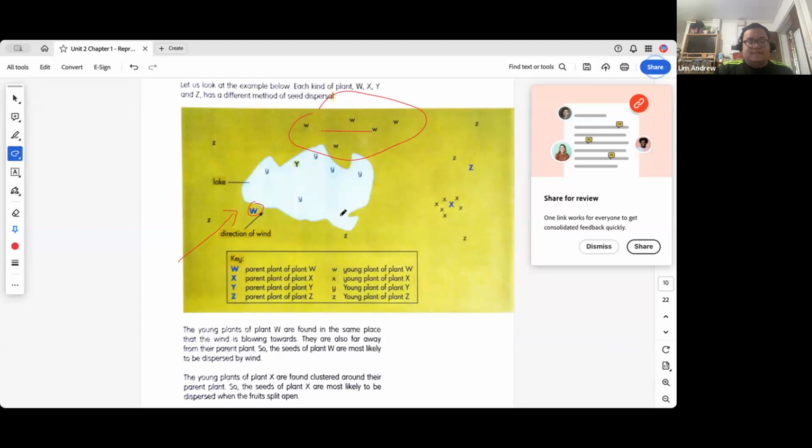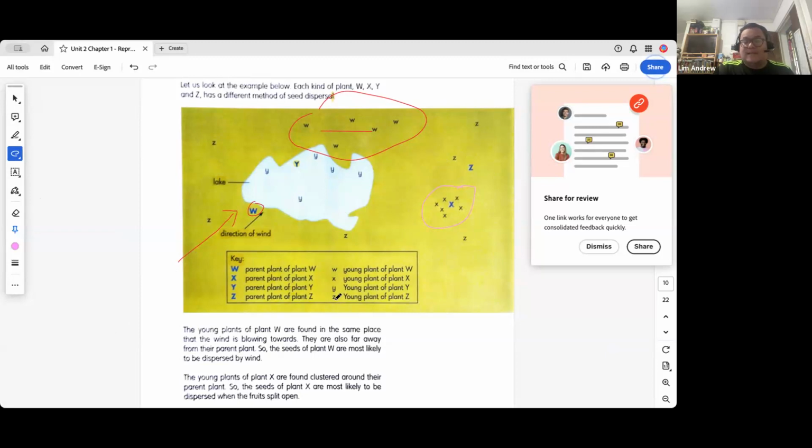All right. Next up, X. Let's look at X now. X are all near the mother plant. The wind is blowing in this direction. So if X used wind, the young baby plants of X would be somewhere here. But unfortunately, the graph shows that the plants are scattered around the parent plant.